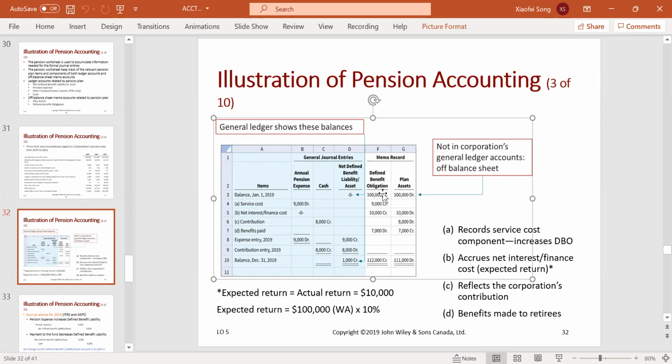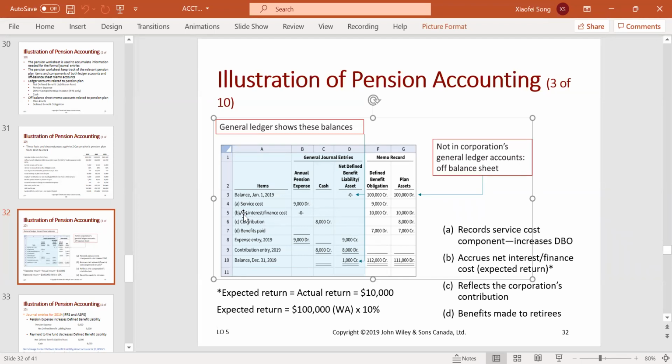But at the end of the accounting period, all that impact will be updated into retained earnings as a closing entry. So it's the same thing. All these A, B, C, D, when we put numbers here, actually change the net defined benefit obligation, liability or asset. But that effect will be updated here when we prepare real journal entries, right?